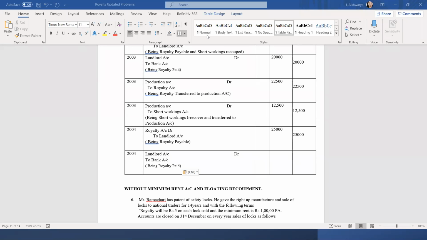How much do you have to pay to landlord? 25,000. Yes. So on the credit side, you have to write 25,000. Yes, I'm just writing.